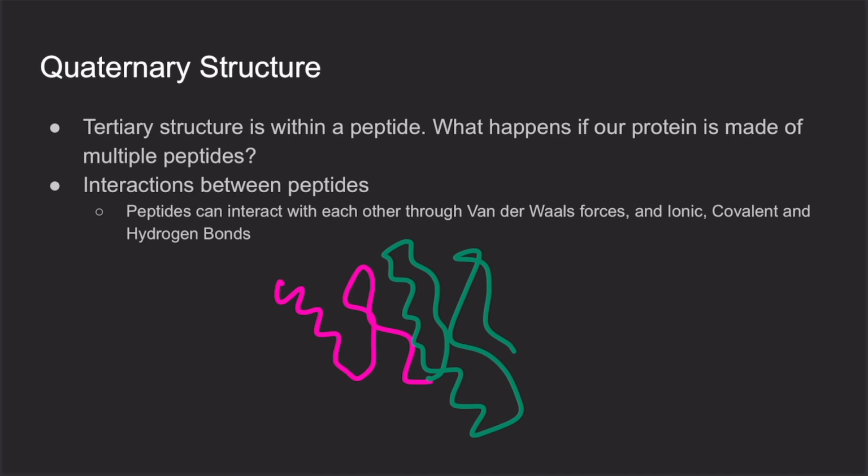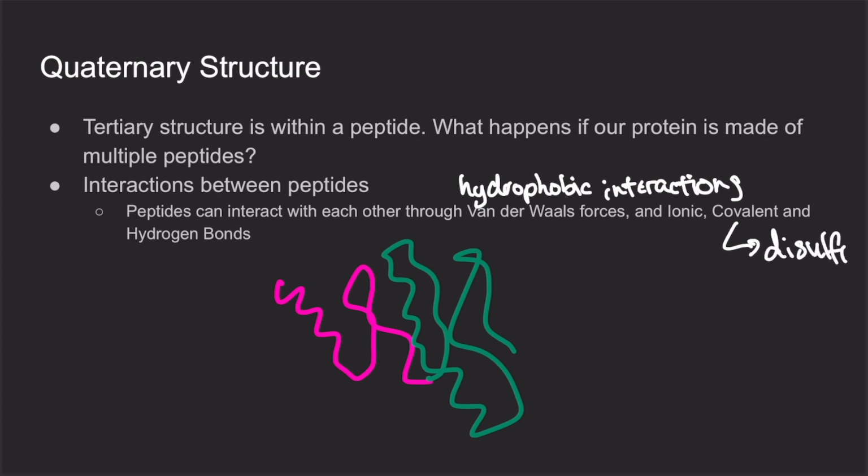And so it's labeled as van der Waals forces here, but really we're going to say that's hydrophobic interactions. We have our ionic bonds. We have our covalent bonds, which include our disulfide bridge, and we have our hydrogen bonds.